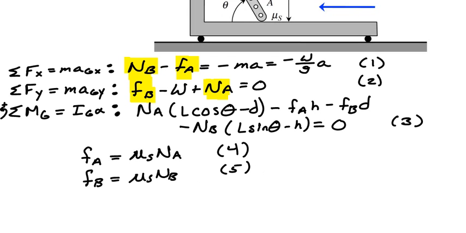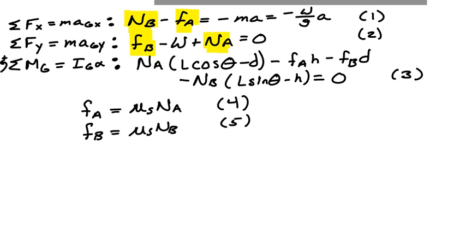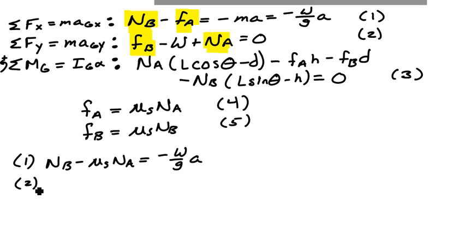So let's see what starts to happen now as we try to do some reduction on these problems and do a little bit of algebra. If we start with equation 1, we're going to have that NB minus FA, which is mus times NA, is going to equal minus W over g times A. If I look at equation number 2, I'm going to have mus times NB minus W plus NA is going to equal 0.